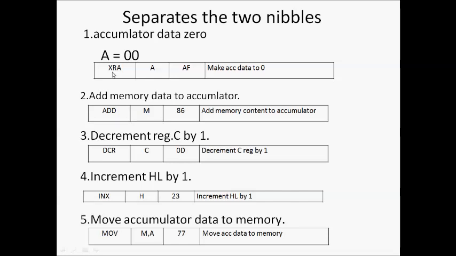Again the accumulator is cleared to 0 with the instruction XRA. Add memory data to the accumulator with ADD M. Then decrement register C. Next increment the HL pair by 1 with INX H. And last, move the accumulator data to the memory location.